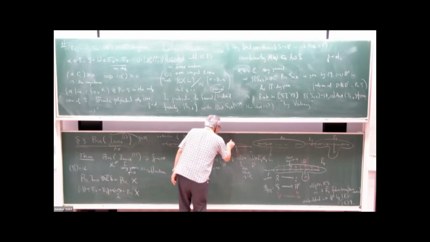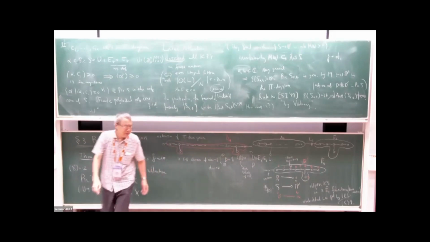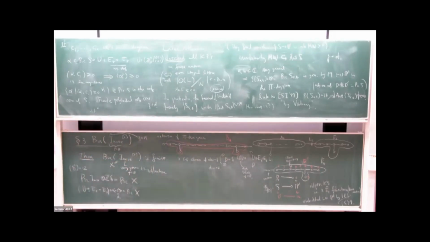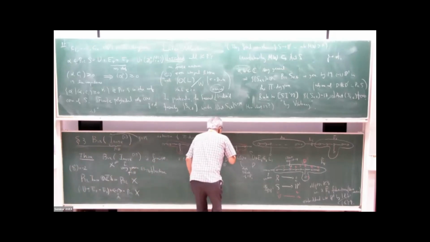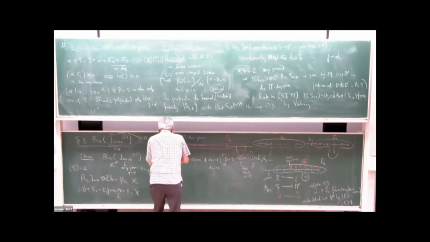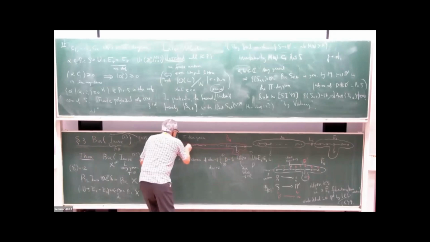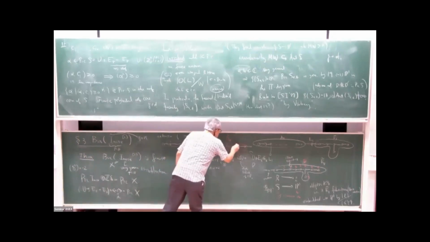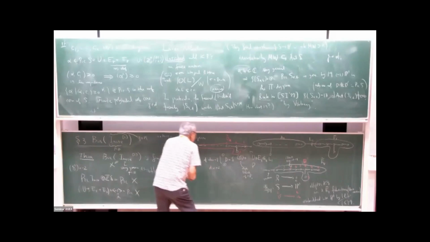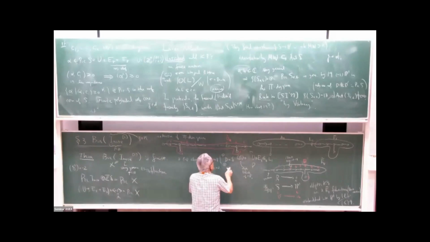So 16 is correct, yes, thank you. And let's denote this with coefficients 1, 1, 2, 2, 2, 2, 2, 2, 1, 1. Then let's denote this F. Then F minus delta is also a -2 class.